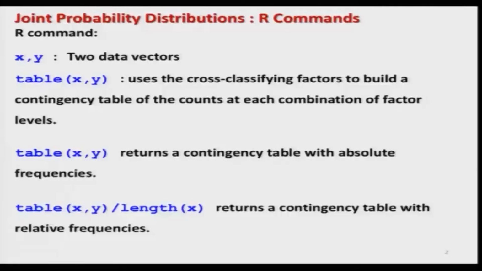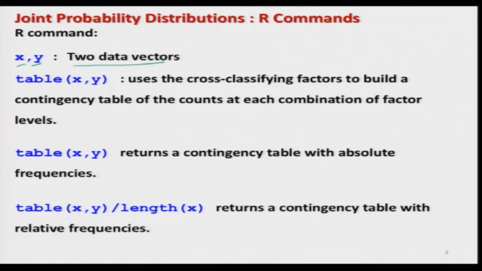Okay, we begin. In R software, suppose there are two random variables, which we indicate by x and y. These small x and small y indicate the two data vectors on x and y.